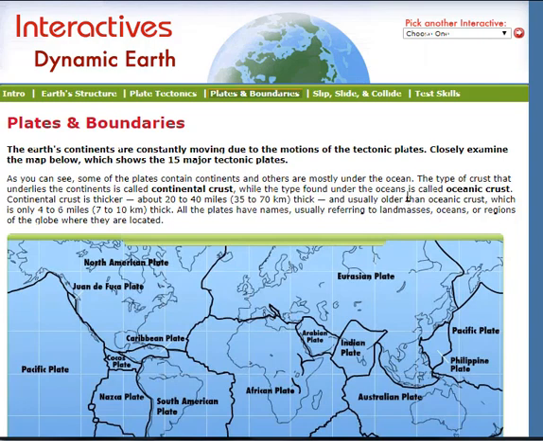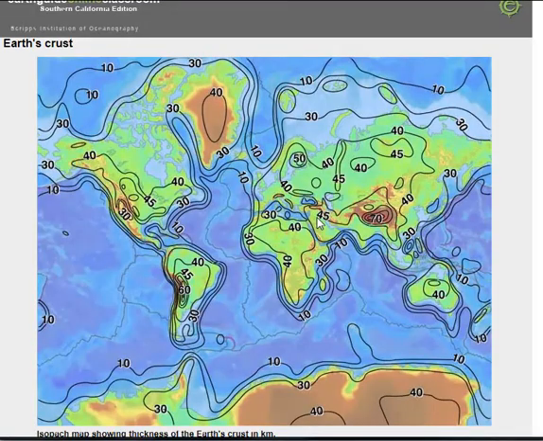You may remember this interactive that we had before, and it shows the relative depth in kilometers. You can see that the continental crust goes as high as 70, which is right where India is pushing into Eurasia, making the highest mountain range in the world, and it can go all the way down to the edge, which is like 10 or so kilometers.